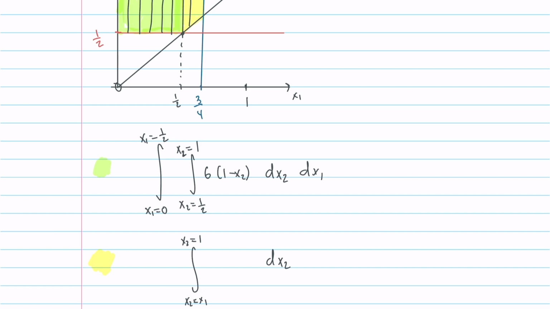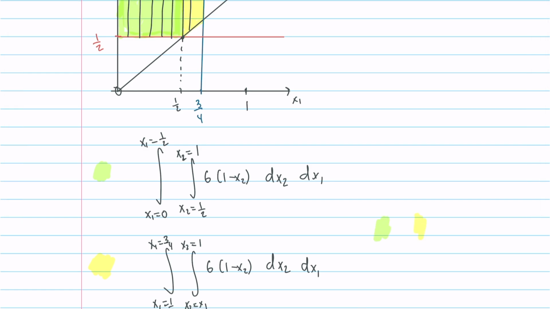Then our outer integral goes from 1/2 to 3/4, and it's going to be the same function. So at the end of the day, we just have to add the green area with the yellow area, and that should give you the answer.